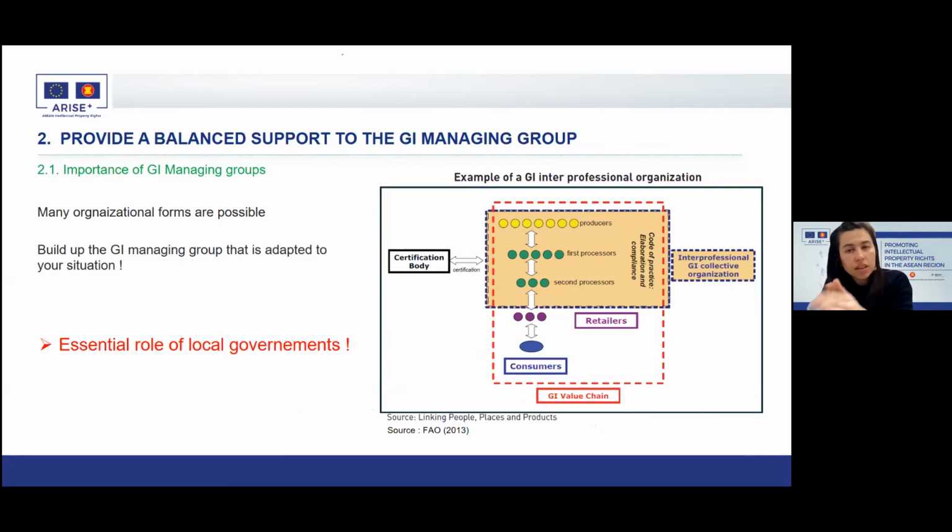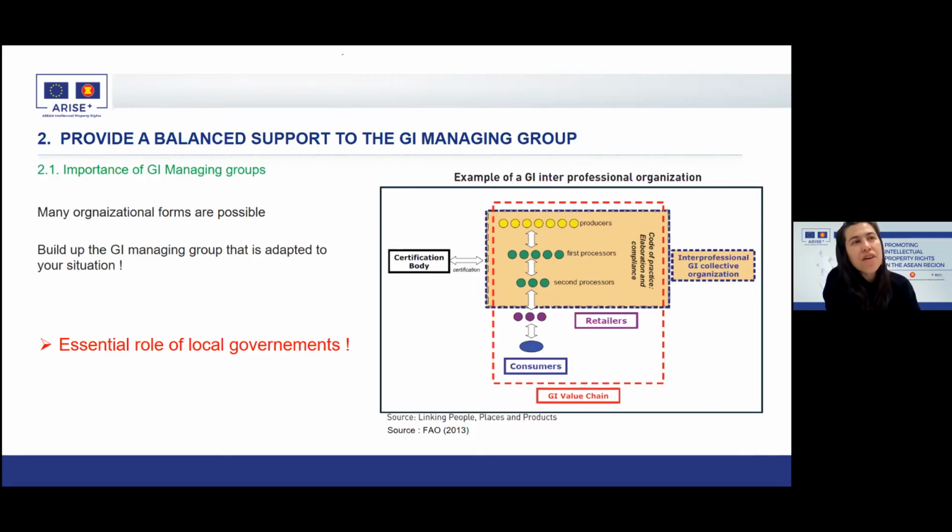This interprofessional organization has a legal status. Sometimes they are associations, so you need a lot of authorizations to create this type of group. The local governments will assist the private actors a lot with administrative questions and so on.